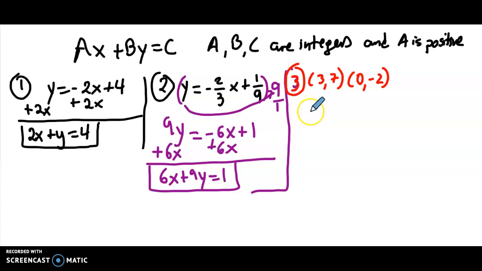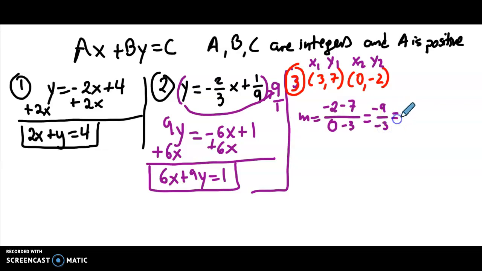Whichever direction you go, you have to find the slope first. I'm going to use the slope formula: m equals y2 minus y1 over x2 minus x1. It's negative 9 over negative 3. And a negative over a negative is positive. So the slope is 3.